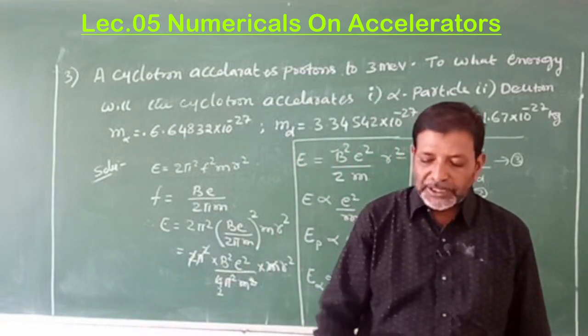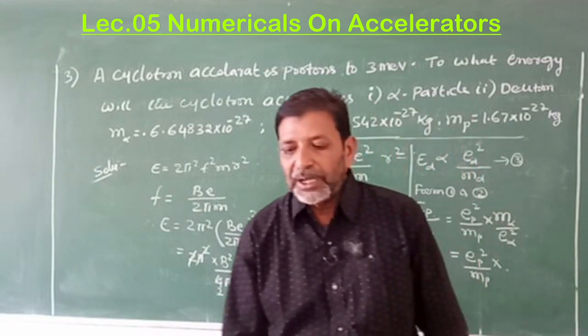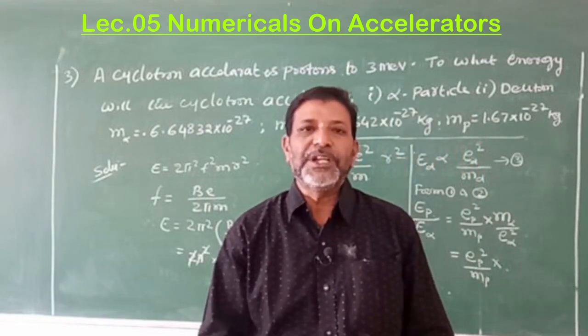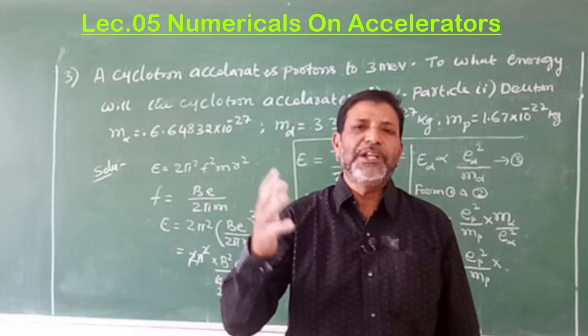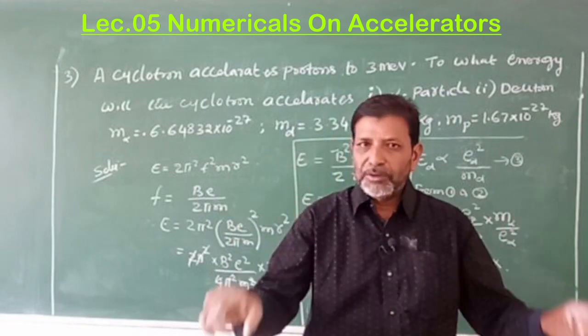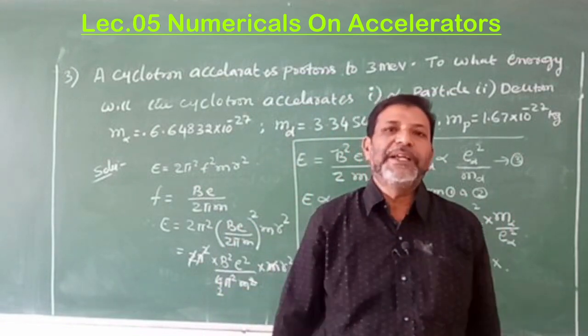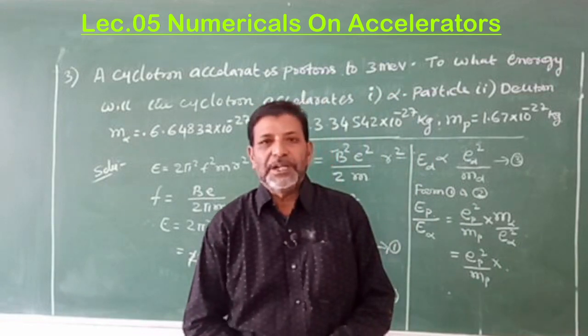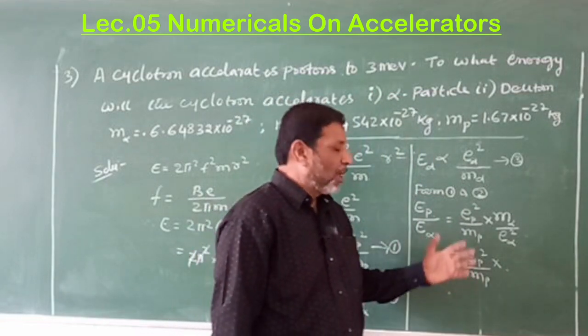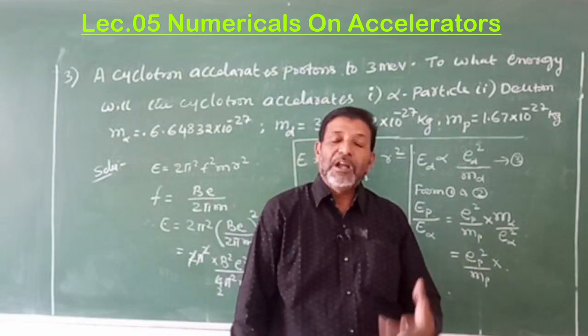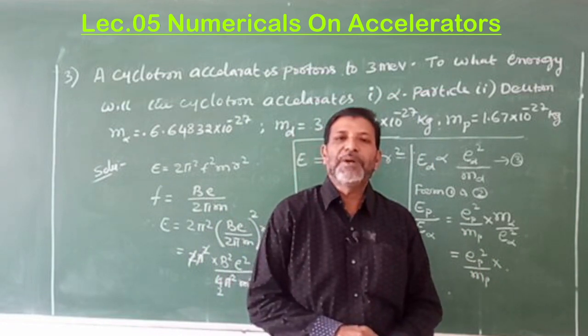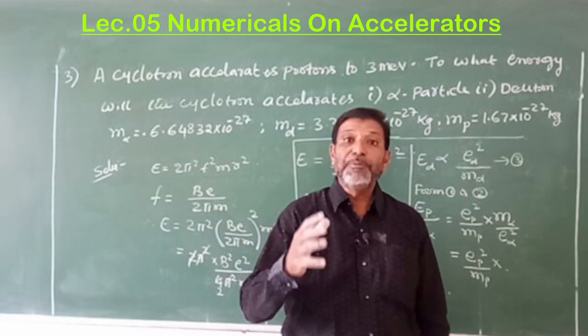Now all of you listen here. You being the final year students, and moreover in chemistry and physics you have studied in detail the complete periodic table, on the basis of that, the proton and alpha particle. Alpha particle is a helium nucleus.